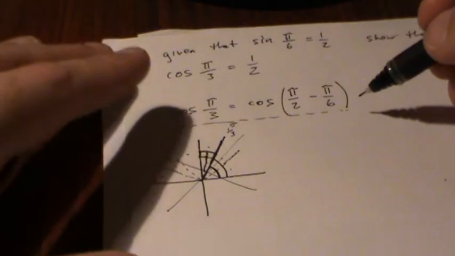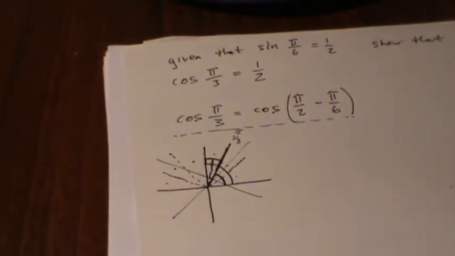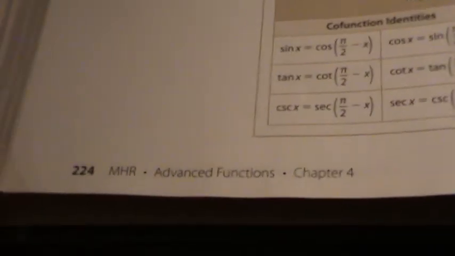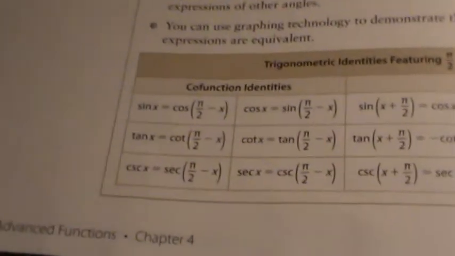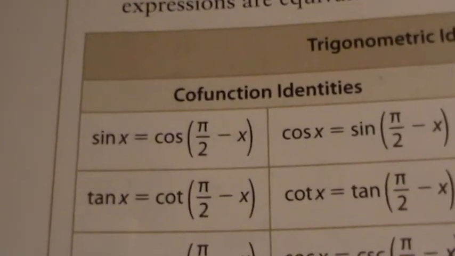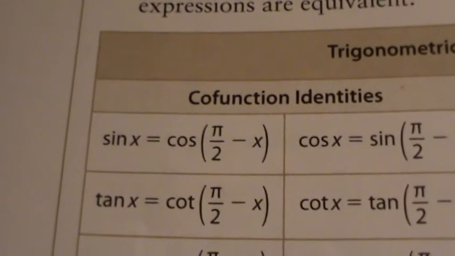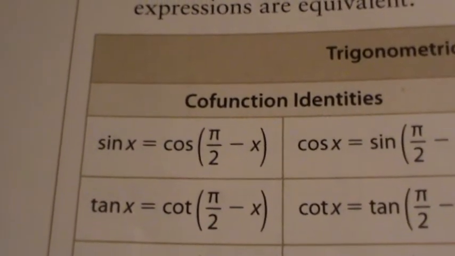Now what you have to do is look at the list of equivalent expressions, which are found in the book on page 244. I'm going to look at this one right here: the sine of an angle is equal to the cosine of pi over 2 minus that angle.